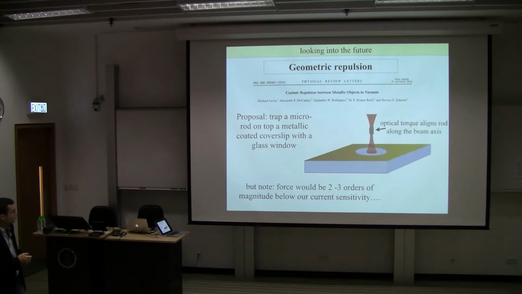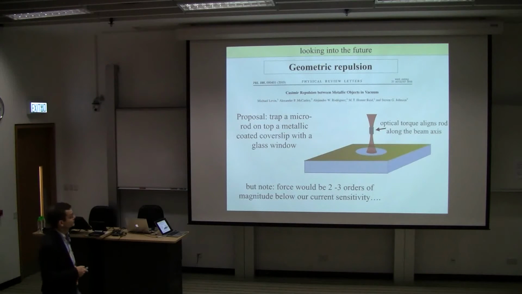We would like to do experiments showing the non-additivity of the force. And I think one of the most remarkable effects related to non-additivity is this geometric repulsion proposed by these authors here. I think it's a very nice paper, and perhaps the optical tweezer would be very convenient for doing this experiment for two reasons.